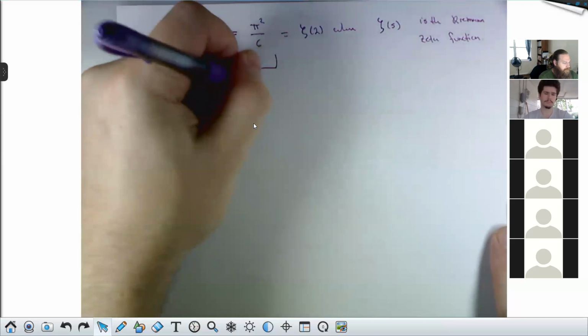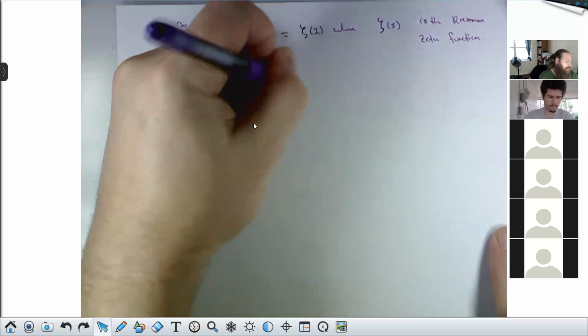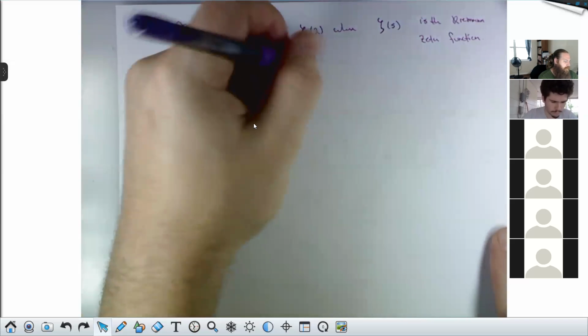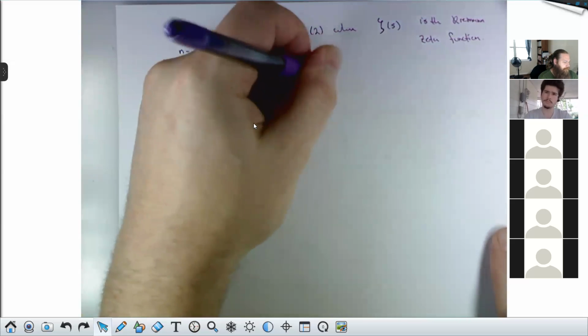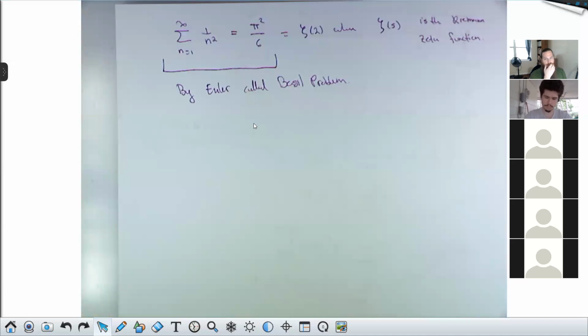It's called the Basel problem after the town in Switzerland. Euler's solution to the Basel problem is one of those really beautiful things, one of the first things I saw that made me fall deeply in love with mathematics. It's fascinating if you want to see it.